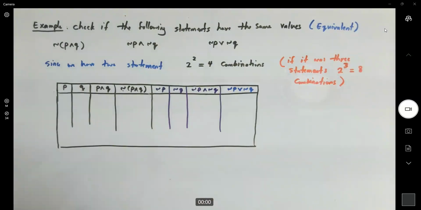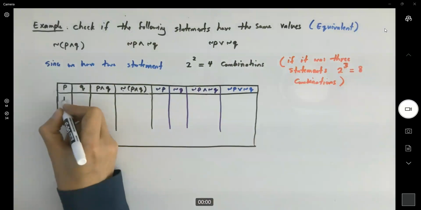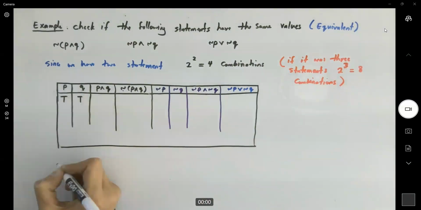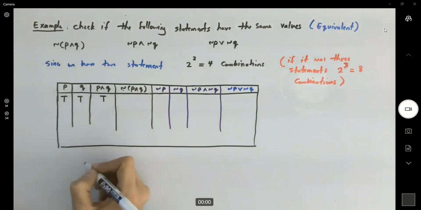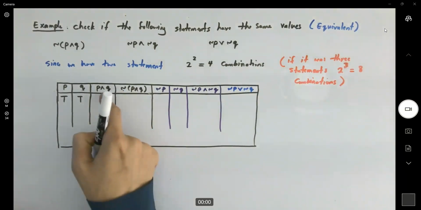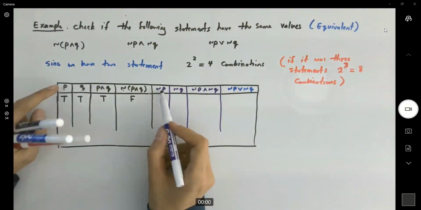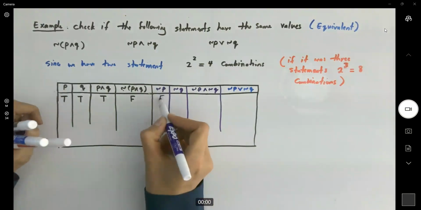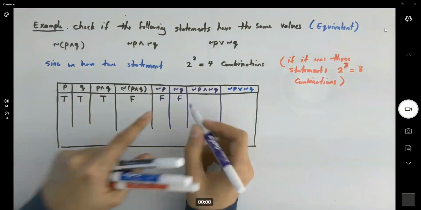There we go. P, Q, 4 combinations. True, true. True and true is true. The negation of true is false. Okay, very good. P is true, not P is false. Q is true, not Q is false.